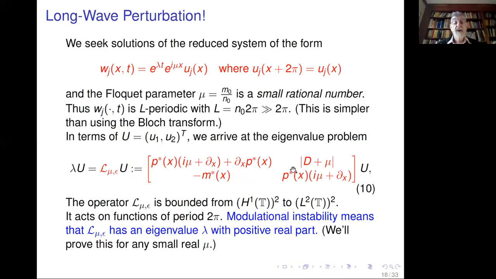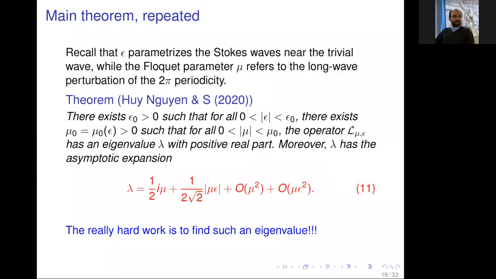So by this type of formulation, you have to deal a little bit with a pseudo-differential operator here. Everything else is a regular differential operator except this guy, which has that absolute value in it.